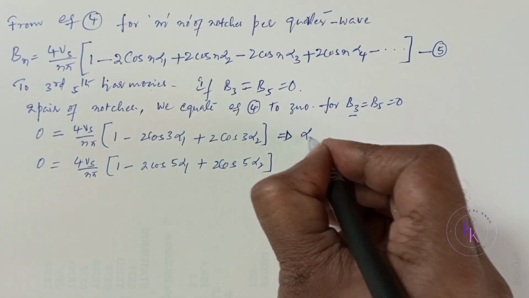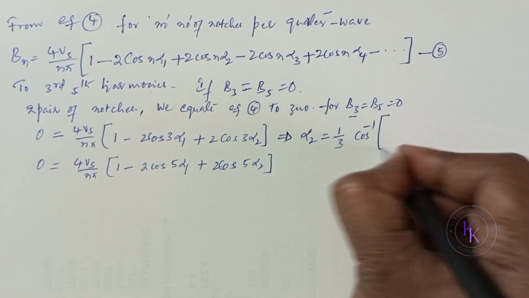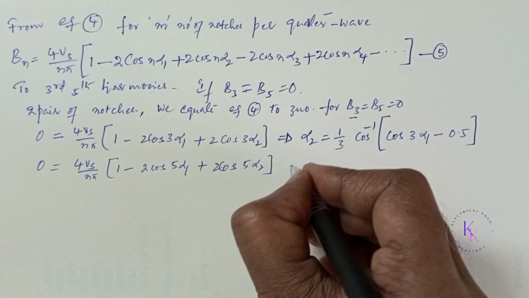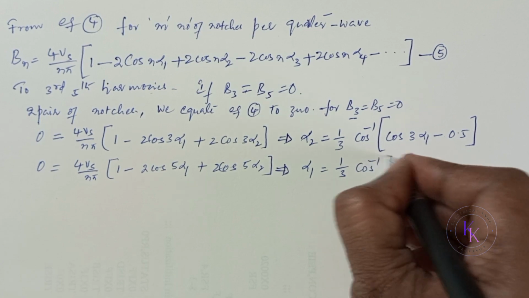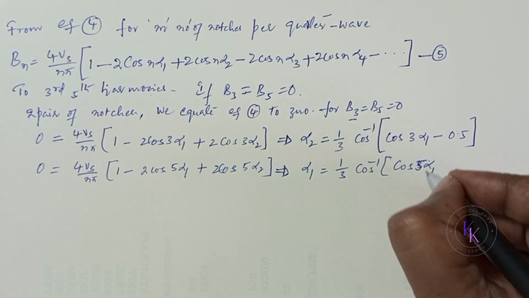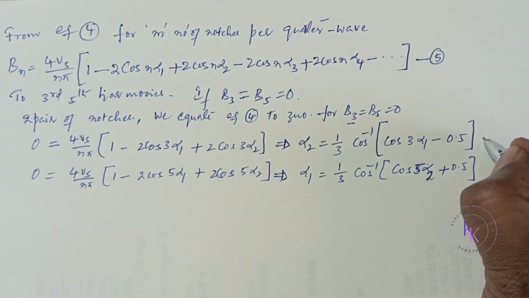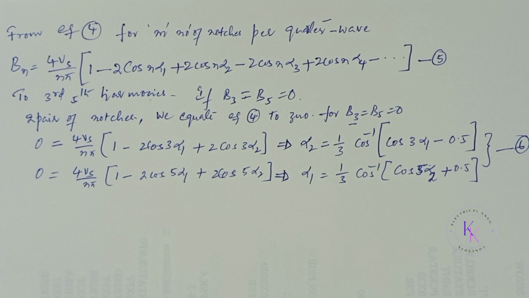From this we get alpha 2 equals 1 by 3 cos inverse of cos 3 alpha 1 minus 0.5, and alpha 1 equals 1 by 5 cos inverse of cos 5 alpha 2 plus 0.5, which is the sixth equation. These equations can be solved iteratively by initially assuming alpha 1 equals 0 and repeating the calculation for alpha 1 and alpha 2.